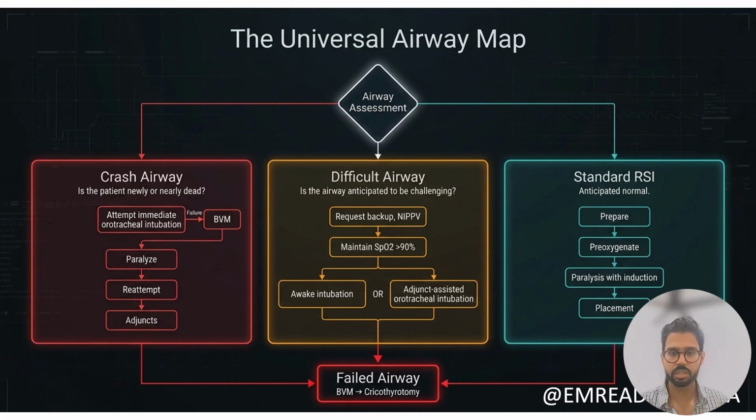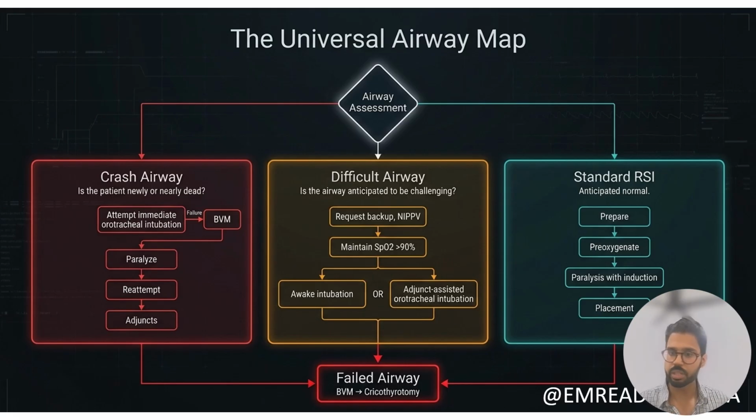And then we can consider either awake intubation, where some of the respiratory reflexes are still present, or adjunct-assisted orotracheal intubation. That means basically intubation, but using some types of assisted devices or adjuncts in order to facilitate that process. And that's the second category.